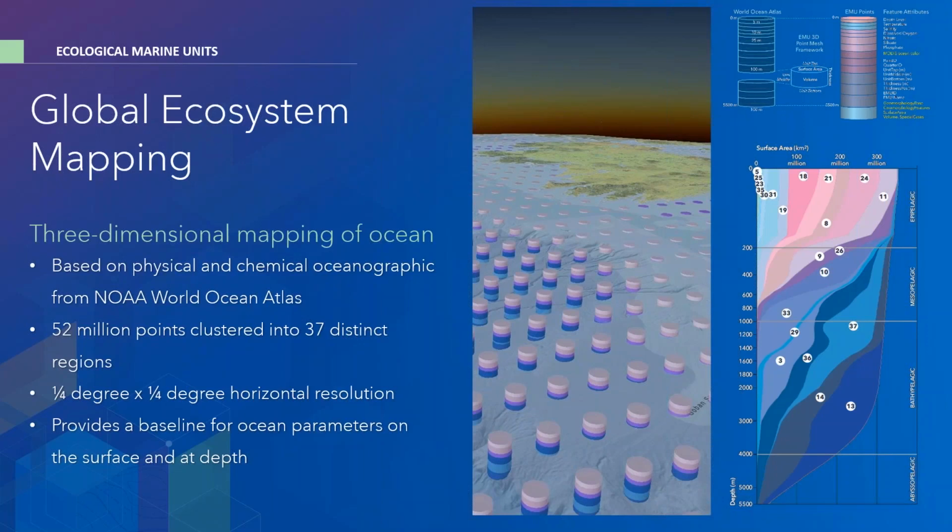There's a website for the ecological marine units that we have available that really discusses the full methodology. But why this is important is it gives a baseline for understanding how the ocean has been structured historically, so that if there's a change in your environment, in your area, you'll have a baseline to be able to detect that.